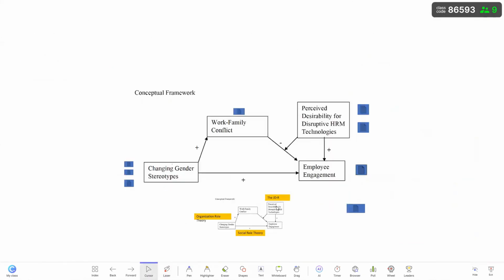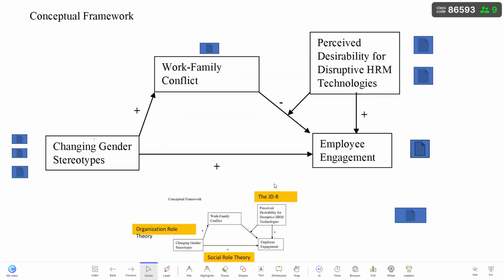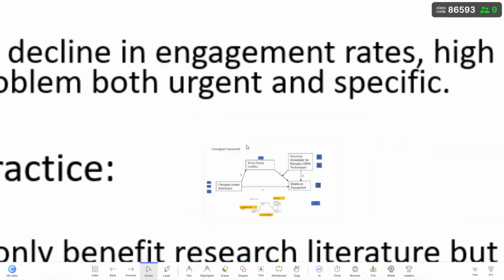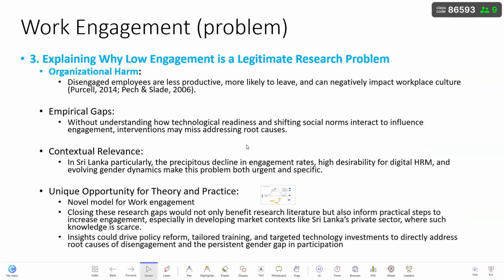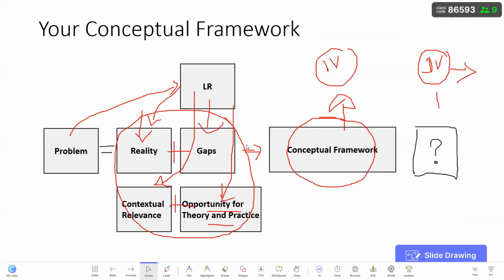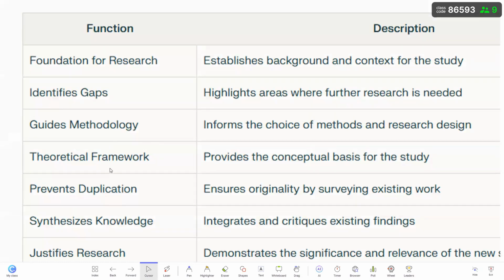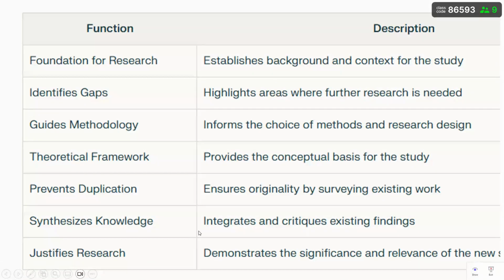That's why it is presented as a gap. So the theoretical framework synthesizes knowledge and justifies the research.